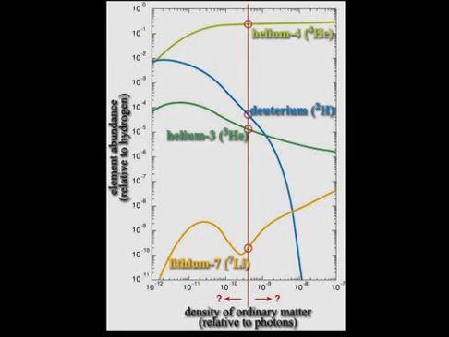And the plot is saying that as you change the number of protons and neutrons in the universe, we will make different predictions for the amount of helium, deuterium, etc. There is a value for the number of protons and neutrons in the universe for which we get the right answer. This is how nucleosynthesis fixes the number of ordinary matter particles in the universe.